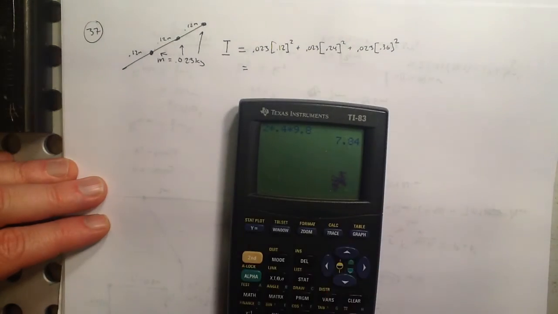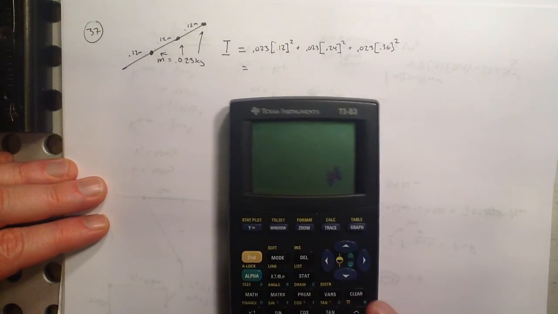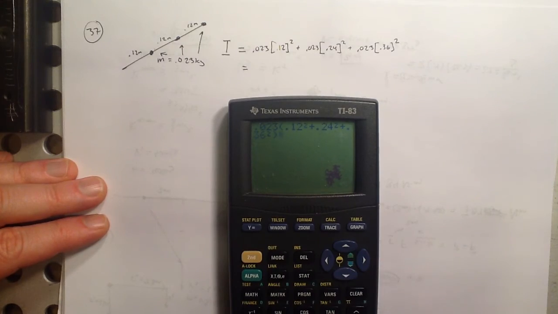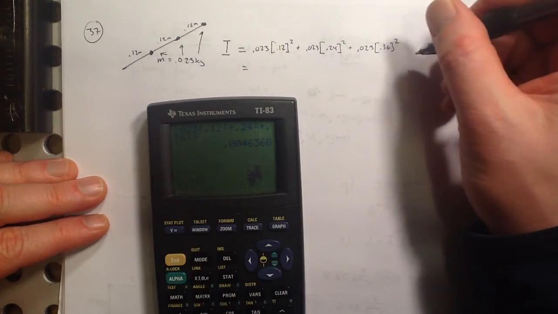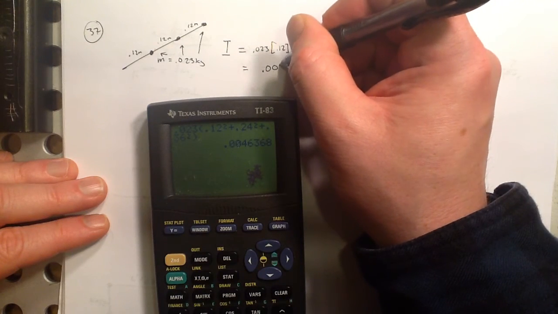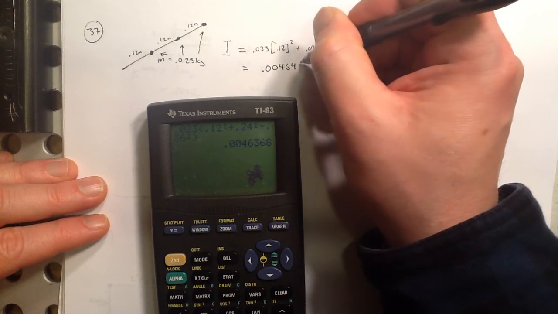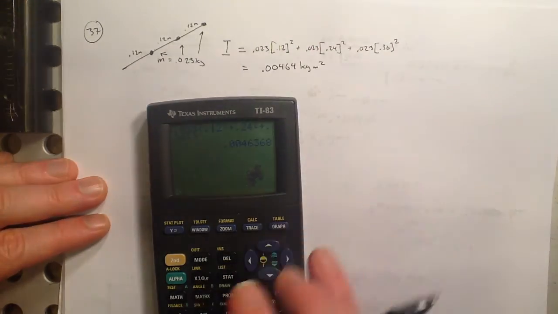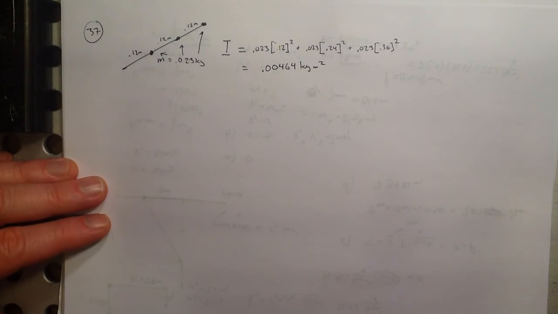So just pop that out of the calculator: 0.023 times 0.12 squared plus 0.24 squared plus 0.36 squared. So we have a total rotational inertia of 0.00464 kilogram meters squared. Or you can write that in scientific notation if that makes you happy.